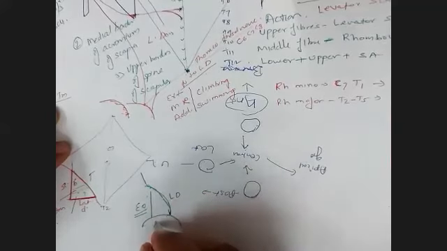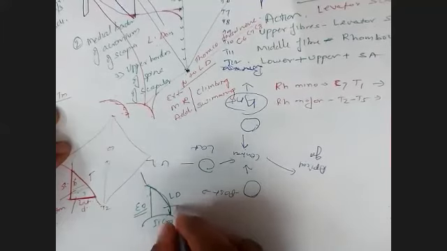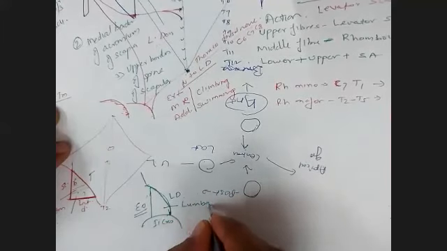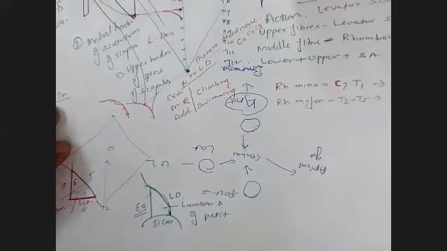So this is latissimus dorsi, this is iliac crest. This triangle is called the lumbar triangle of Petit.